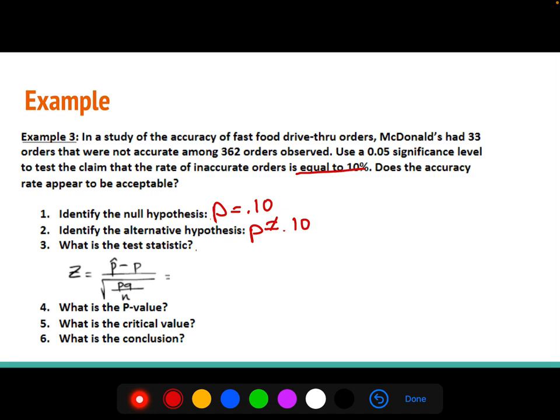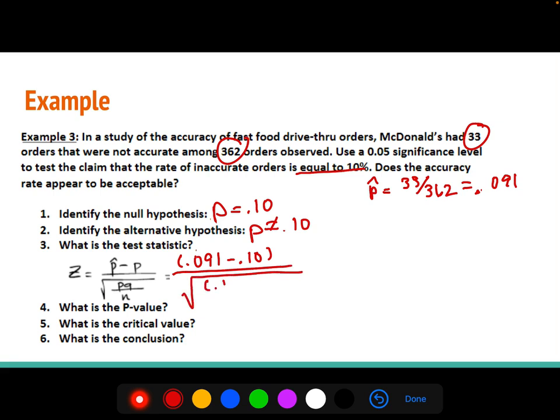The test statistic, we have P hat. Okay, so P hat is 33 out of 362. This is where I got those numbers, which is 0.0911 something. So 0.091 minus P, just 0.10, over the square root.